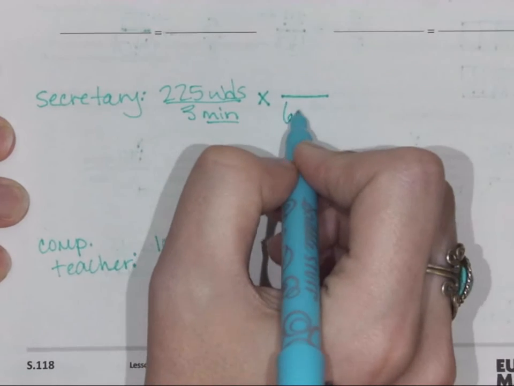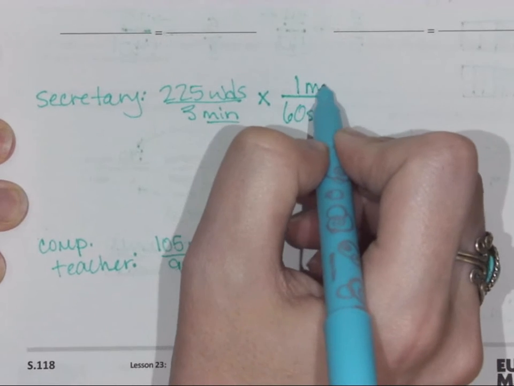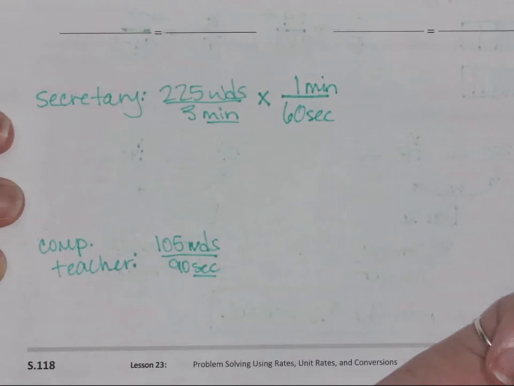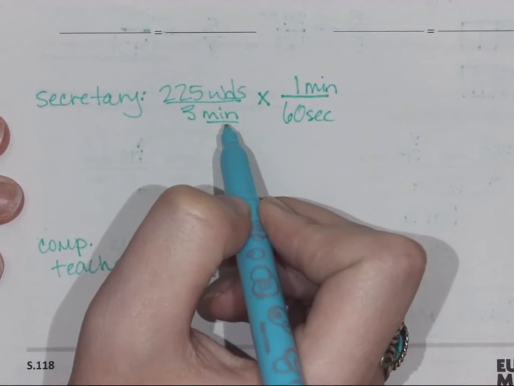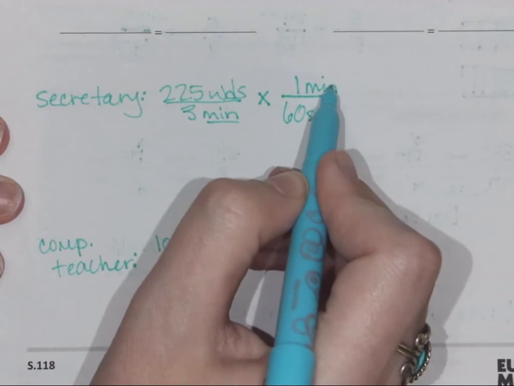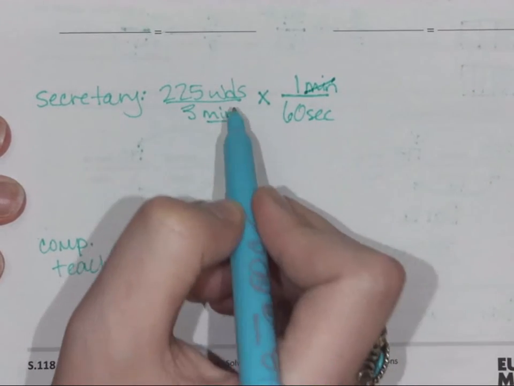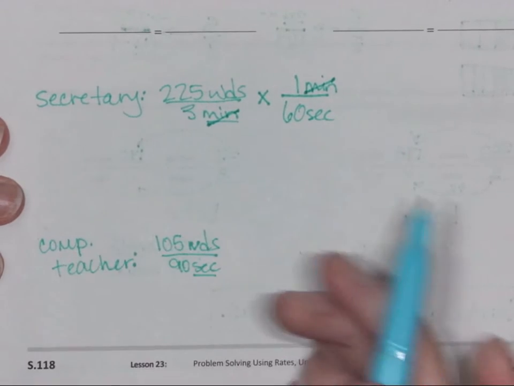The bottom. And why? Yes, because minutes is the denominator here, and we want to get rid of minutes. We want words per second. So we write minutes on the top so that these 2 units cancel. And we're left with words per second.